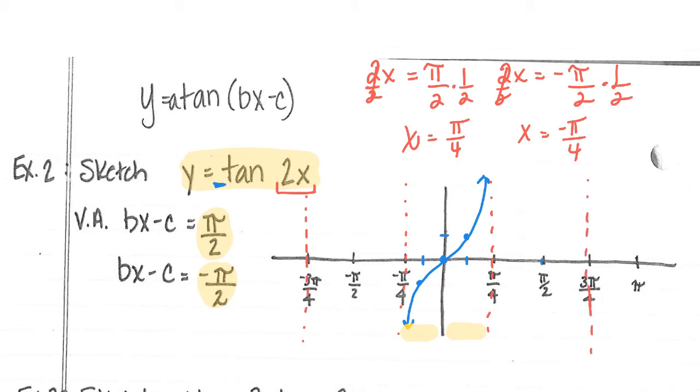And my graphs are going to be the same. Put my 0, 1, negative 1 at the quarters. All right, so that's what tan of 2x would look like.